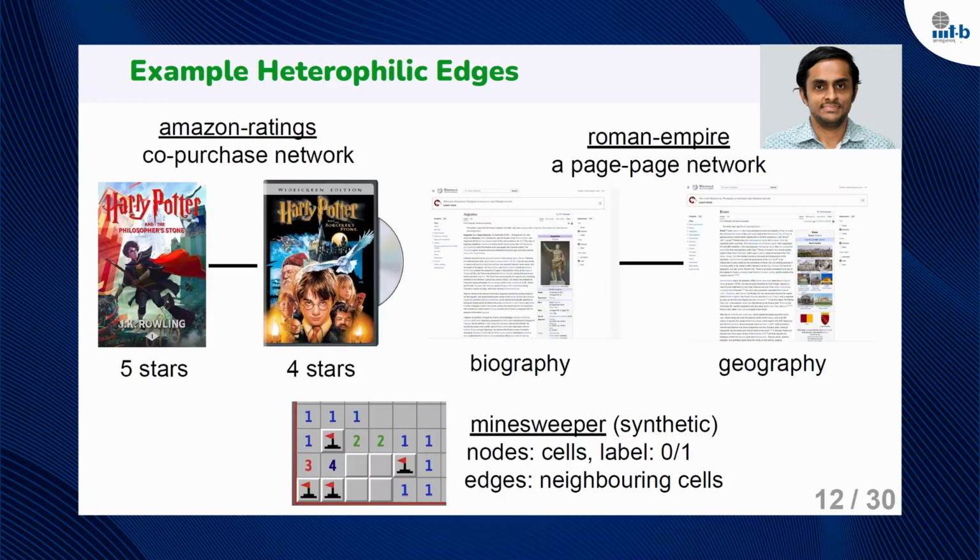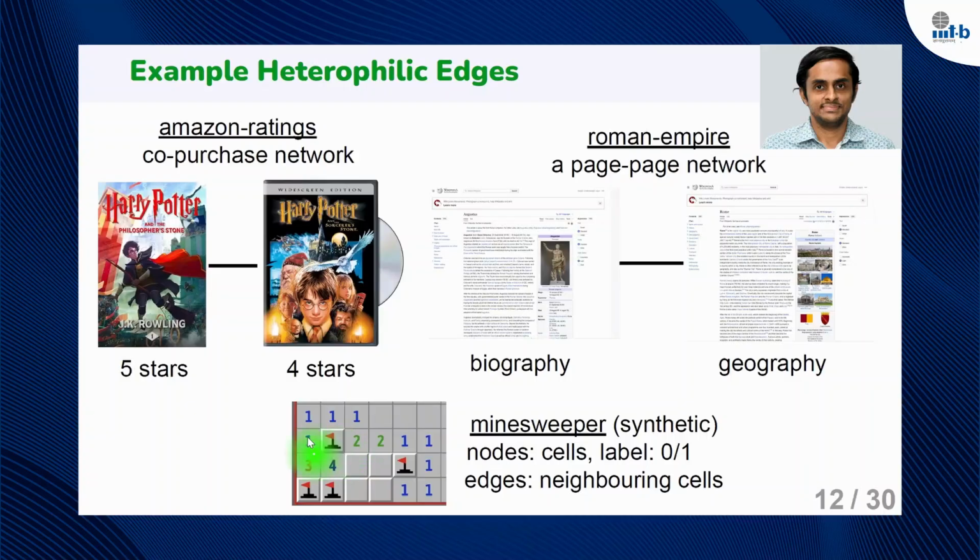And then there is a synthetically constructed data set, this Minesweeper game. Each cell is classified as containing a mine or not containing a mine, so there are 2 labels. Obviously, this is a heterophilic graph, because two cells are connected by an edge if they are neighbors.